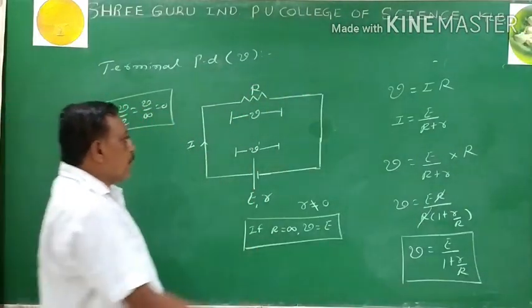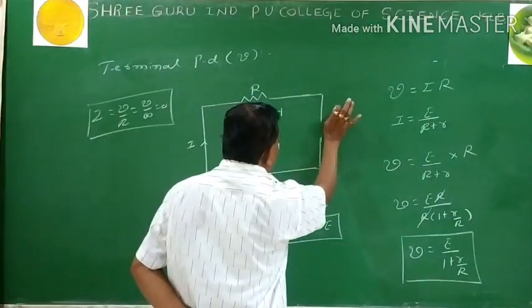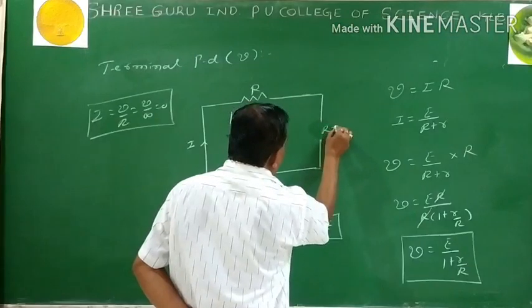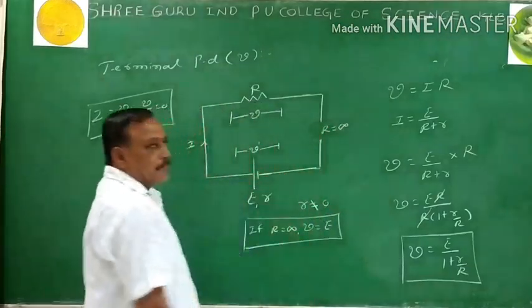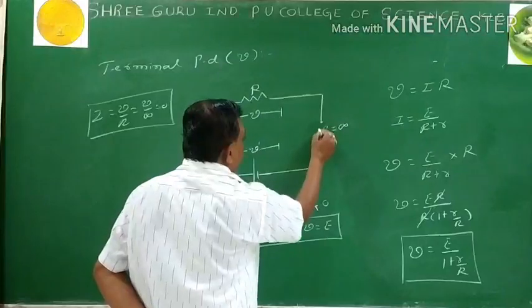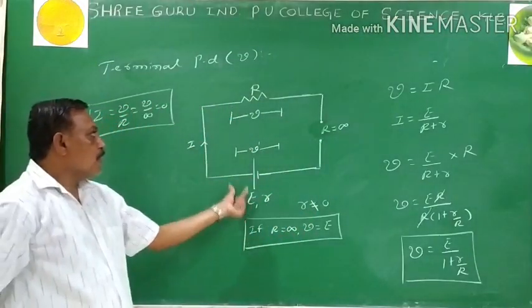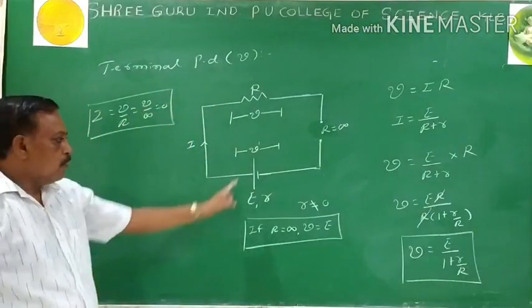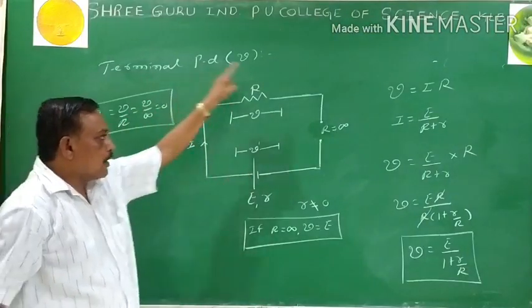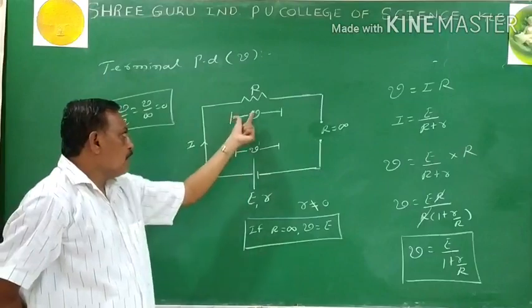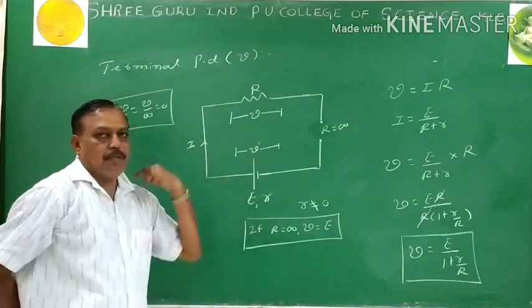When the circuit is open, it offers infinite resistance. Then the cell is no more in the circuit. Then there will be no complete closed path for the current. Then the potential difference is equal to what? EMF.